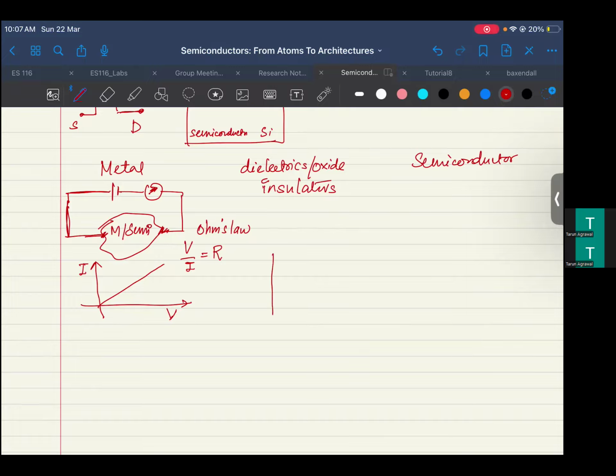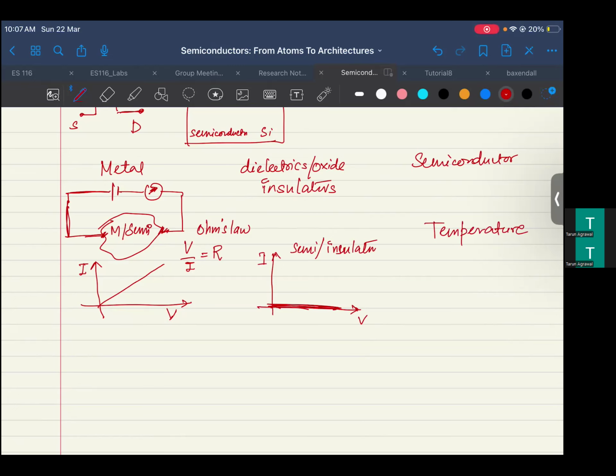If you don't see any current or very small current, can it be a semiconductor or could it be an insulator? How do I conclude what it is? Then comes a very important variable other than the electric field which you are applying, which is called temperature.